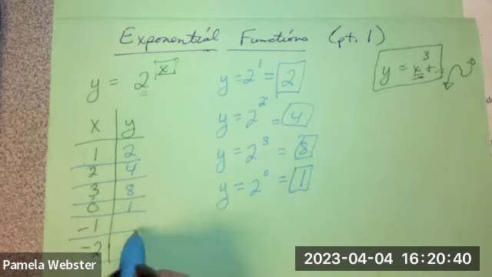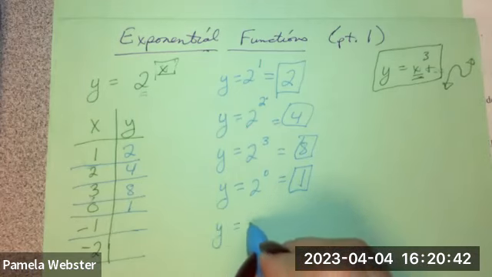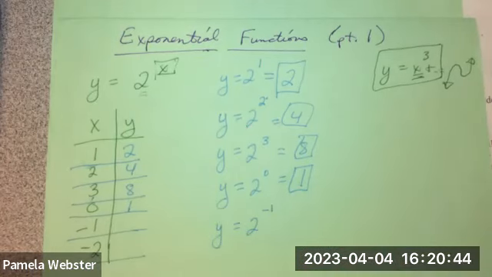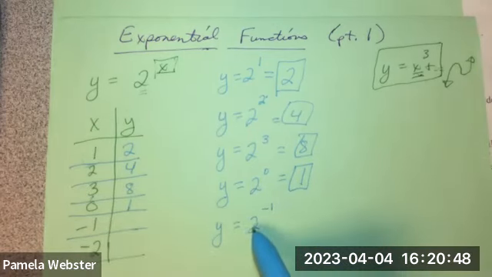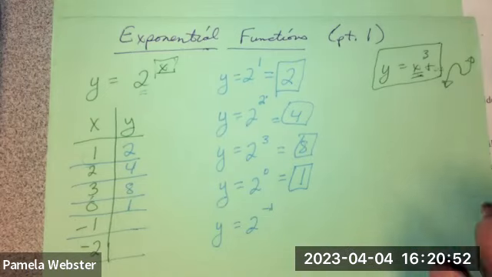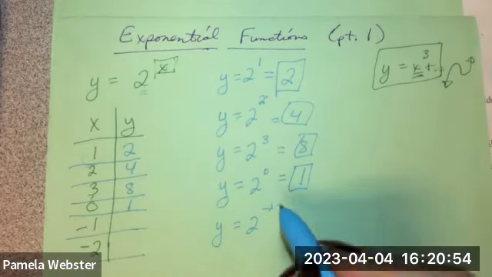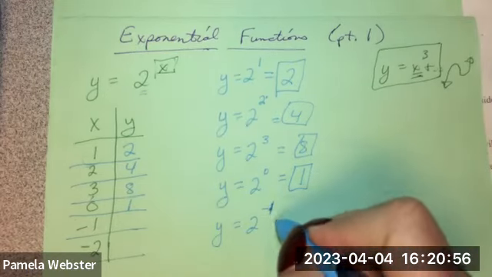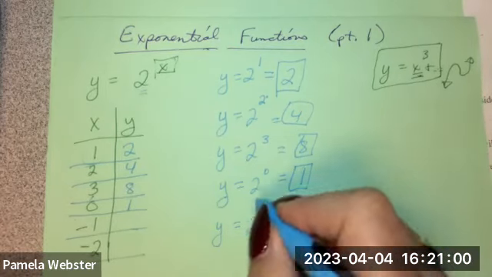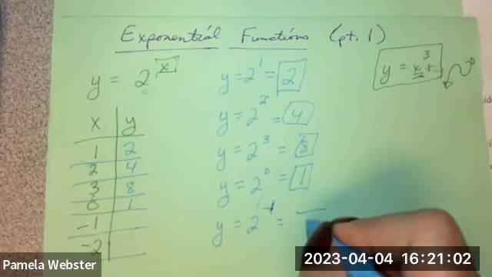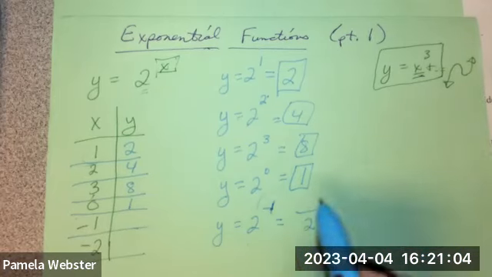And then I've got these negative things. So again, hopefully you have watched the review video on exponent rules, because when you do, you'll see, hey, when I raise something to a negative exponent, I don't like having negatives in my exponent. So what I'm going to do is make this positive, and the way I do it is by moving this whole entire thing to the denominator, 2 to the first.